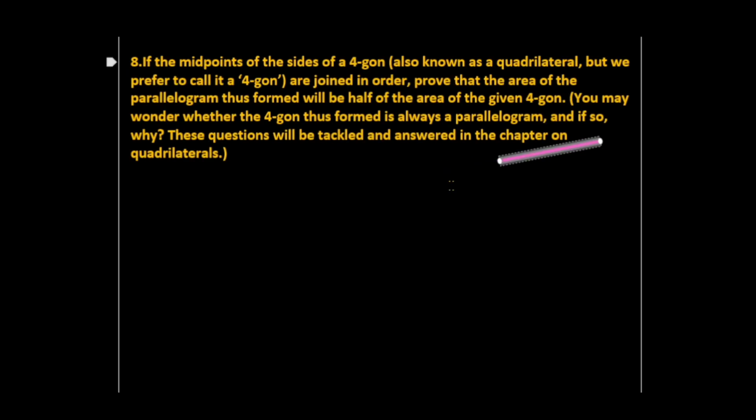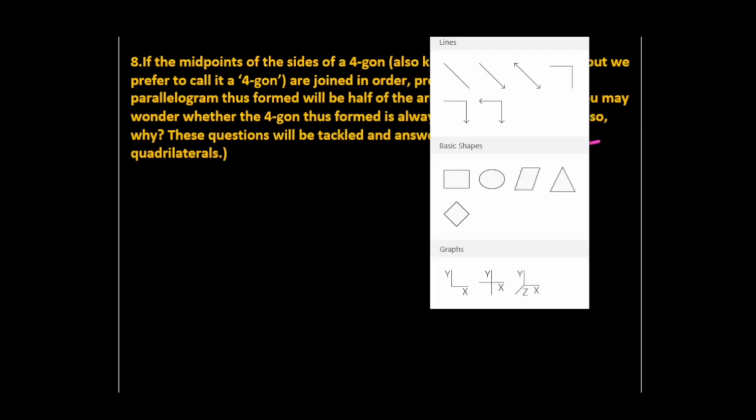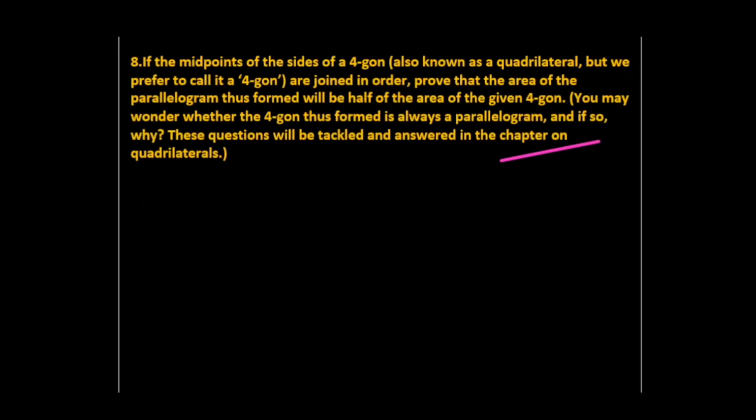A polygon is a closed figure made up of line segments. Sides are unequal and angles are unequal in a quadrilateral.